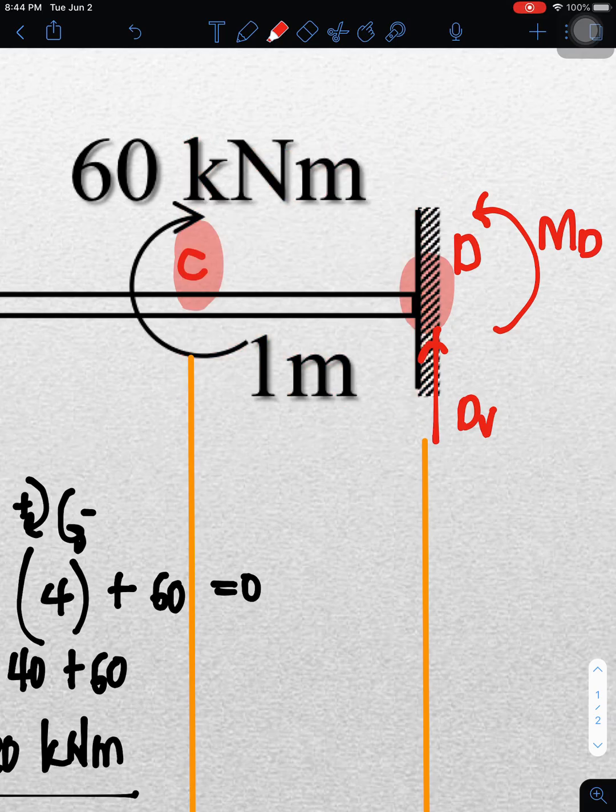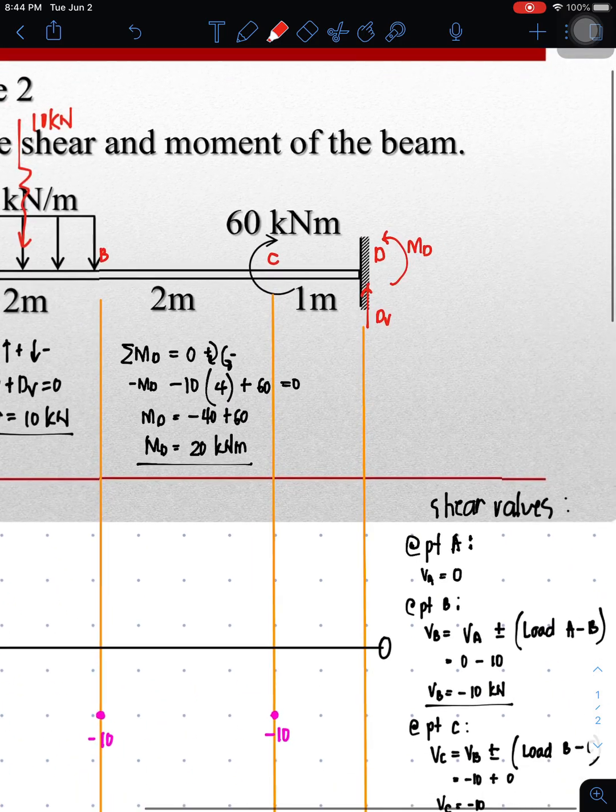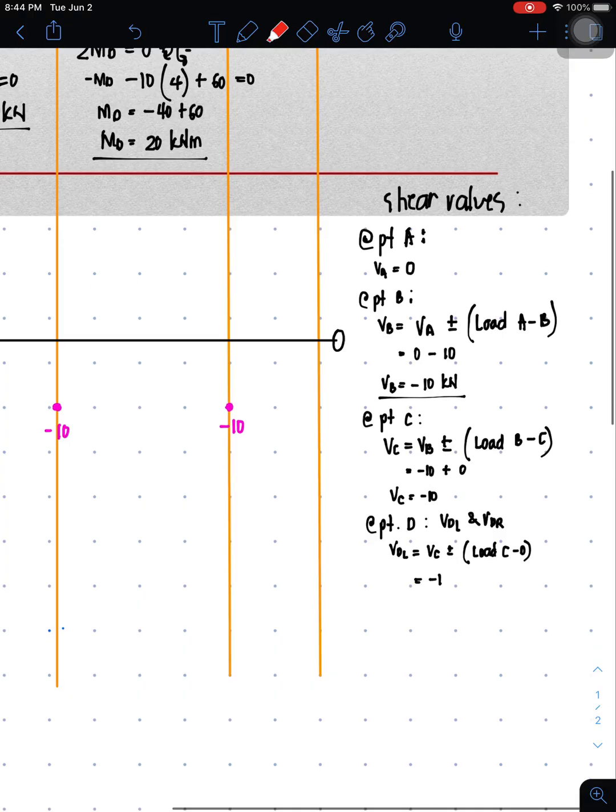So dili na to maingon nga si kaning 60 nga clockwise load sa C to D kay it's only applied at C but not in between C to D, no? So manang kalahian niya.